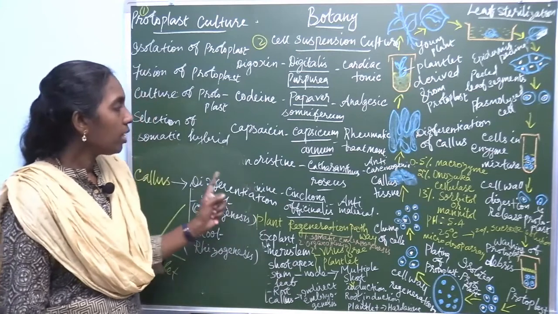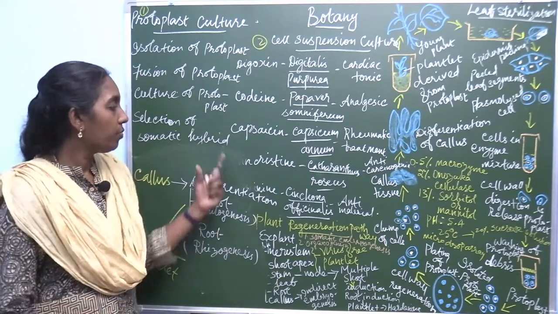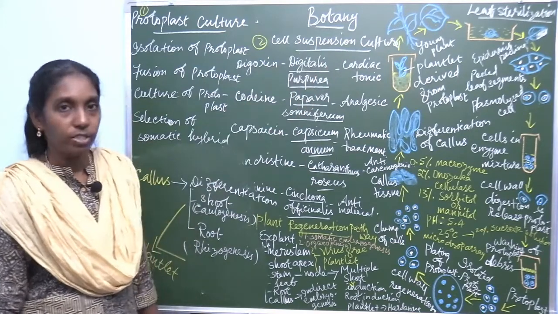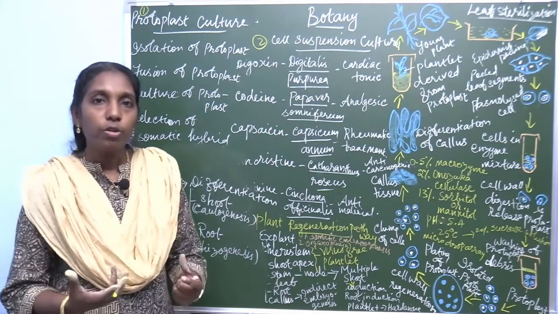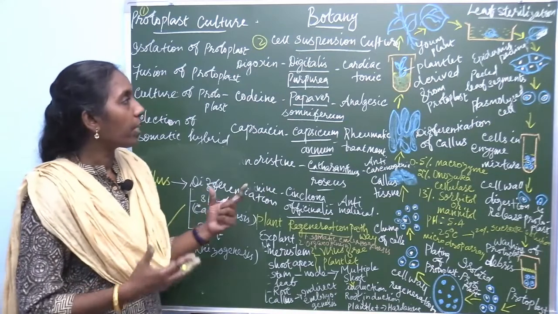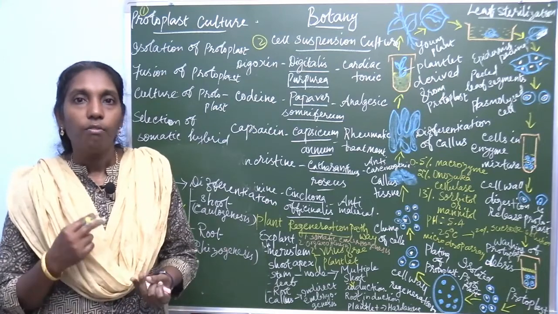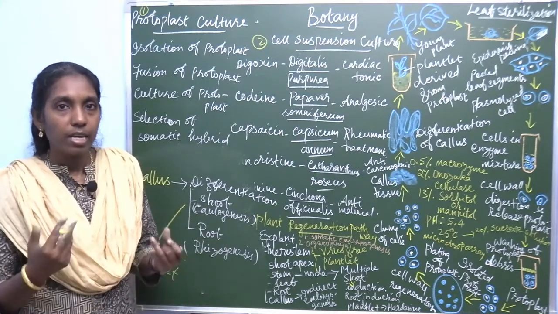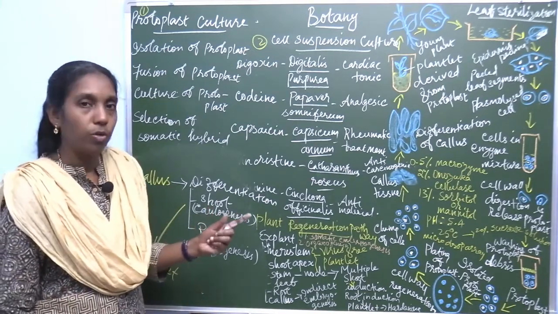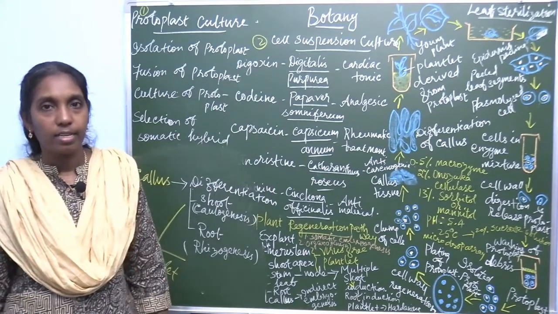Then the last question, what are the applications of this protoplast culture? It is used to produce new varieties. So, improved hybrid varieties, that is disease resistant, virus resistant varieties can be produced by this protoplast culture.